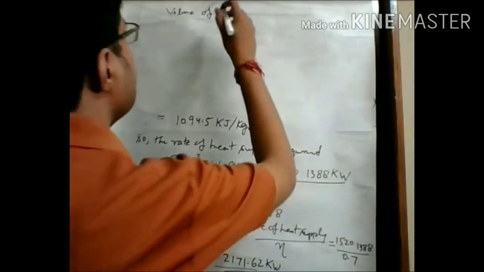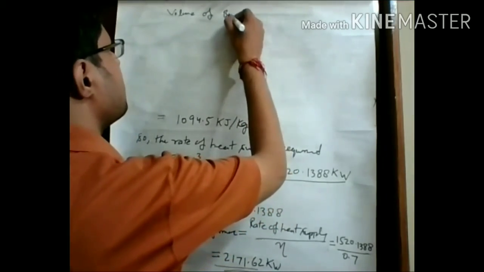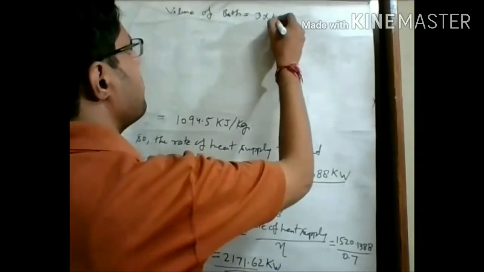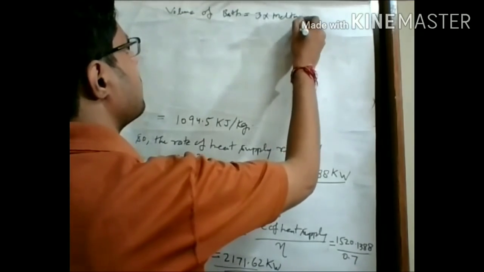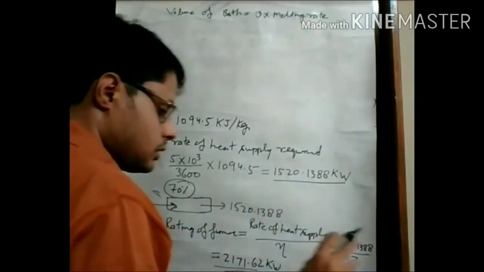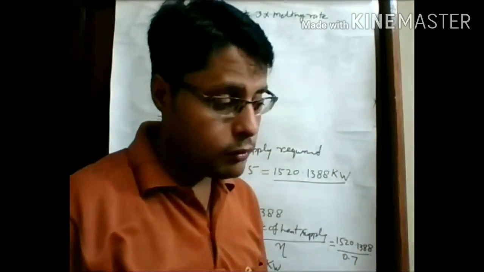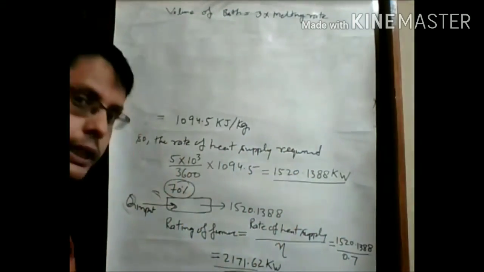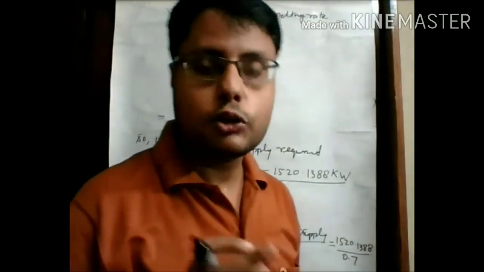of the bath is equal to 3 times the melting rate of iron, which is given as 5 into 10 to the power 3 kilogram per hour, and the density is given as 6900.